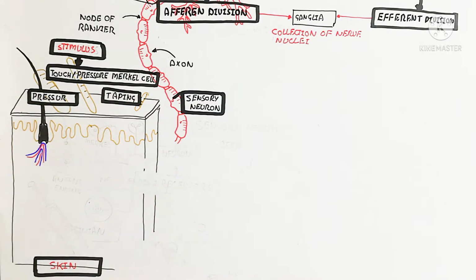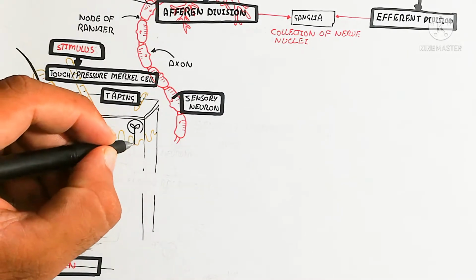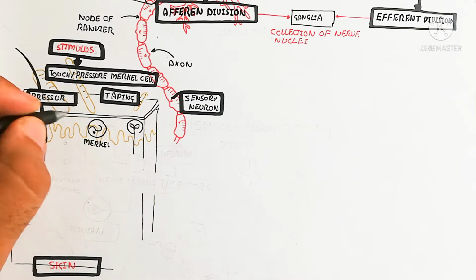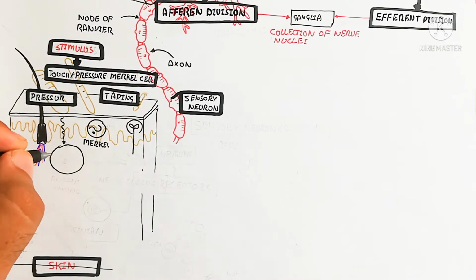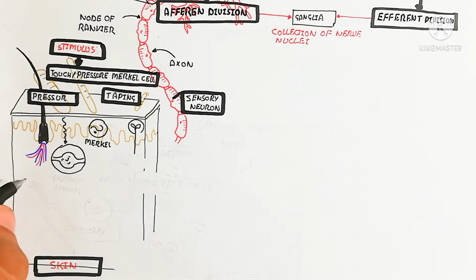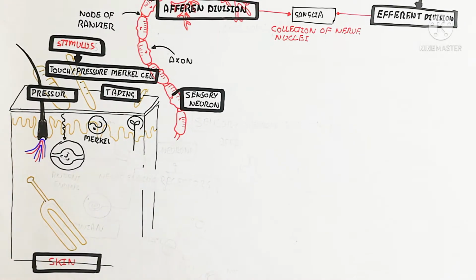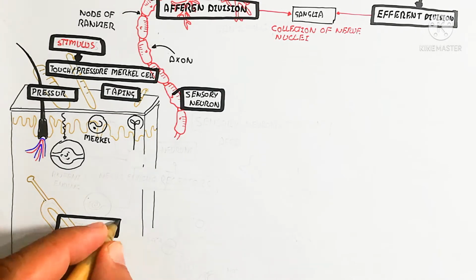So these are basically the different types of receptors. These are present in the skin, lower epidermis or upper epidermis. And here is the hair, which also senses some information.